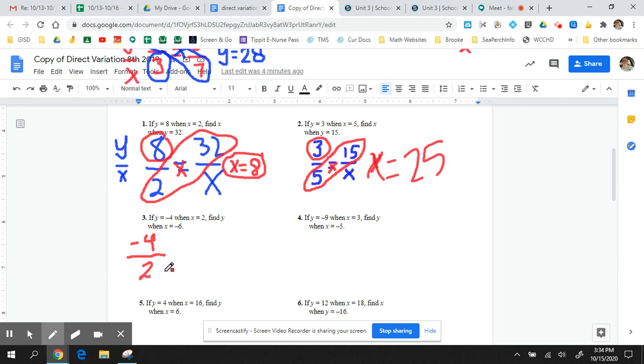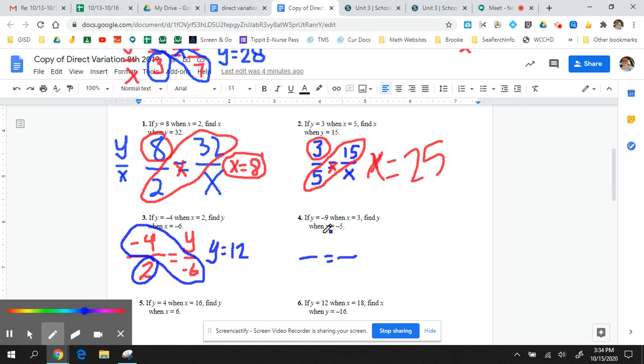When I go to type that in my calculator, I've got to make sure that I'm putting in -4 times -6, which gets me 24. 24 divided by 2 should give me 12. All right, so try number 4. If you want to, you can set it up like this.